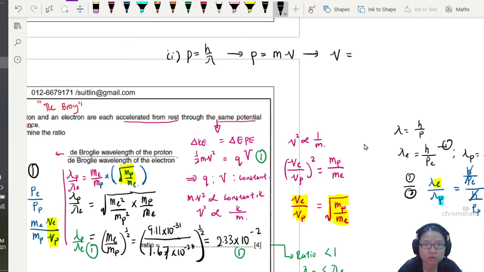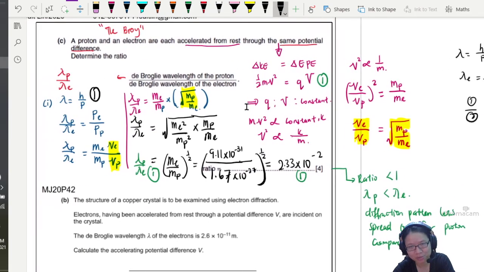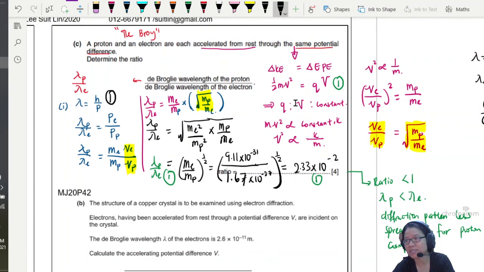So we will use the equation half mv squared is equal to qV, work done by electric field. From here you rearrange, or you can find the value of q. It's like a Russian doll situation. Conservation of energy will give you velocity, velocity will give you momentum, momentum will give you wavelength. All is good in the land of quantum. Simple calculation. All right, so that's it for this example.